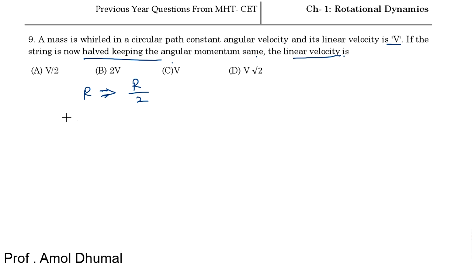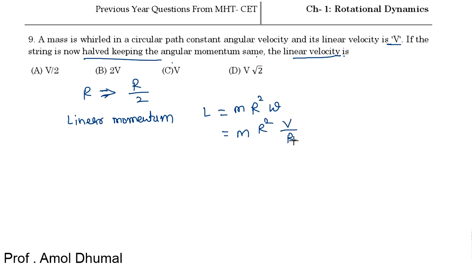So angular momentum L is given as m r square omega, which is equal to m r square into v by r, so this is equal to m r into v.